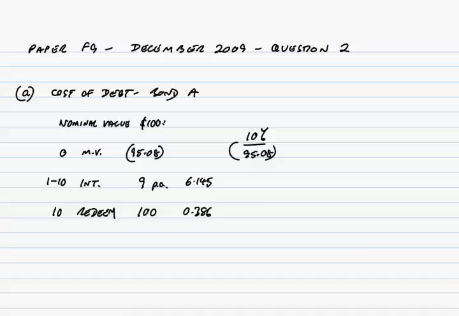The interest, 9 times 6.145, 55.31, 38.6. And so the net present value, at 1.17 negative. And so the internal rate of return is less than 10%. I think not much less.